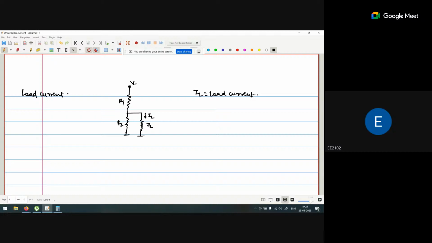Now if I calculate the IL, what is the load voltage? The load voltage is nothing but IL multiplied by ZL. IL multiplied by ZL is the load voltage VL.